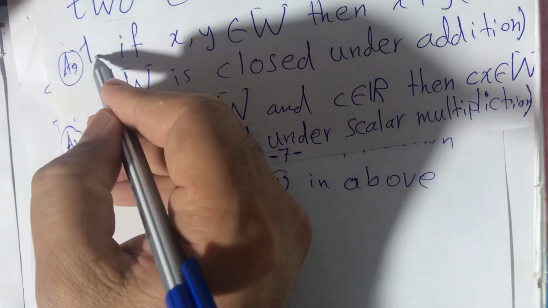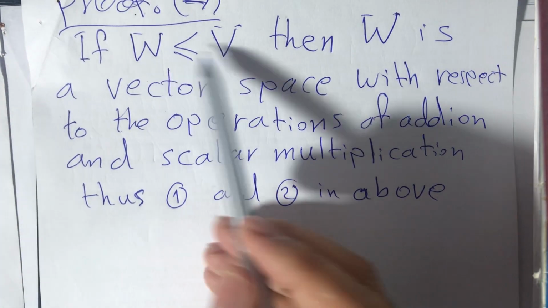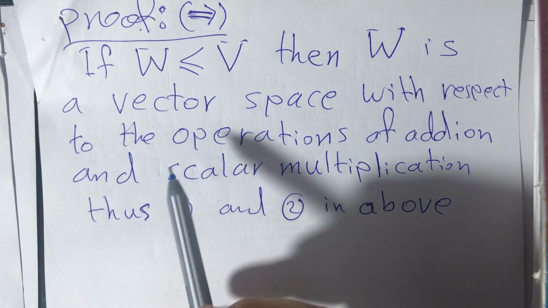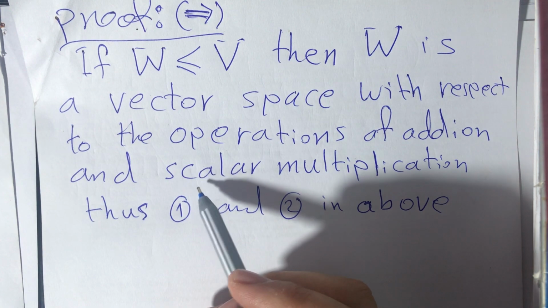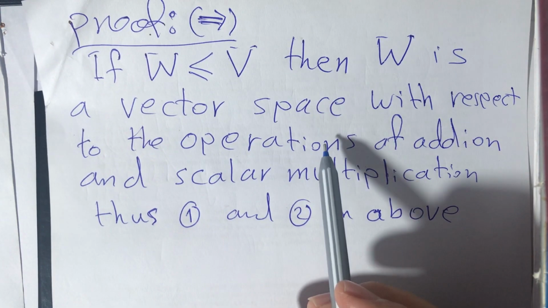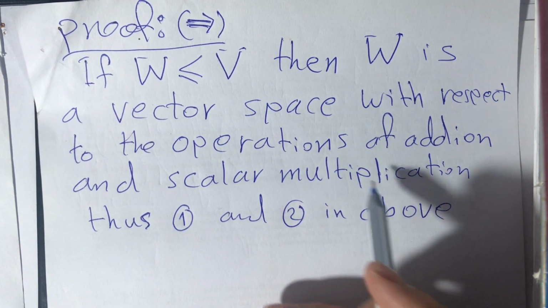This is 1 and this is 2. If W is a subspace of V, then W is a vector space with respect to the operations of addition and scalar multiplication.